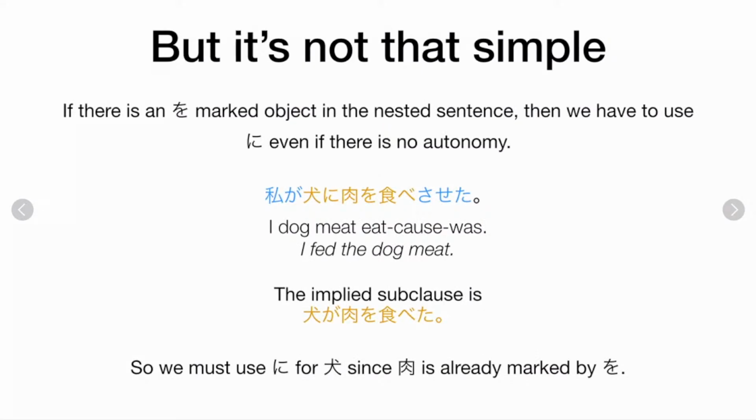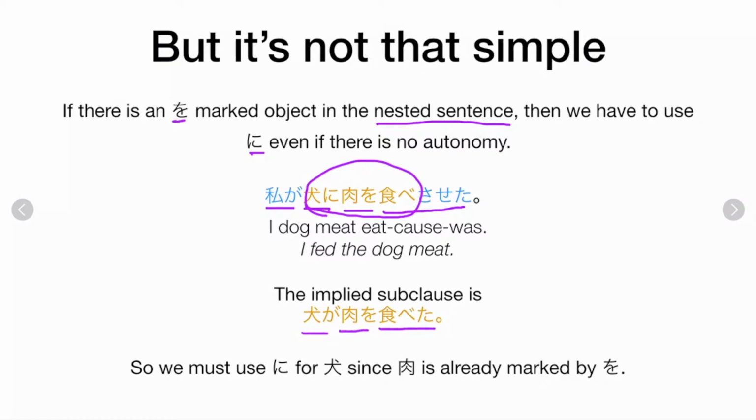But it's not always that simple, because if there is an O-marked object in the nested sentence, and I'll show you an example, then we have to use ni even when there is no autonomy. So for example, 私が犬に肉を食べさせた, right? So the inside subclause, this part that's in orange, is 犬が肉を食べた.